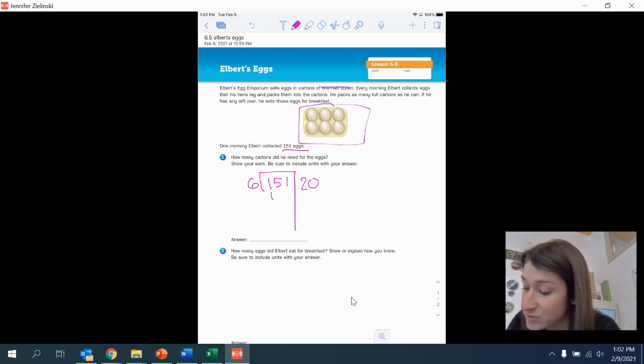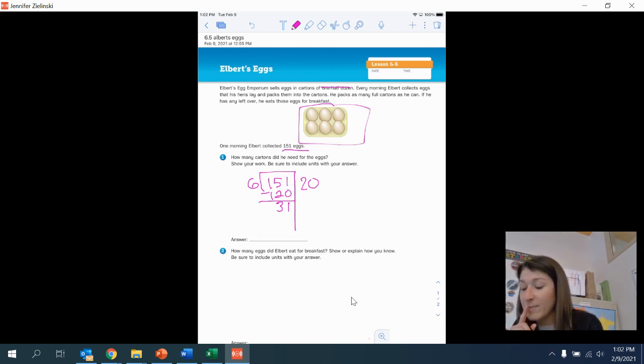I know 6 times 2 is 12, and I have my 0, and then what I need to do is subtract. What I'm going to have left over is 31. Now I need to think about how many 6s go into 31 without going over. All right, well, I know that I can fit in another 5 6s.